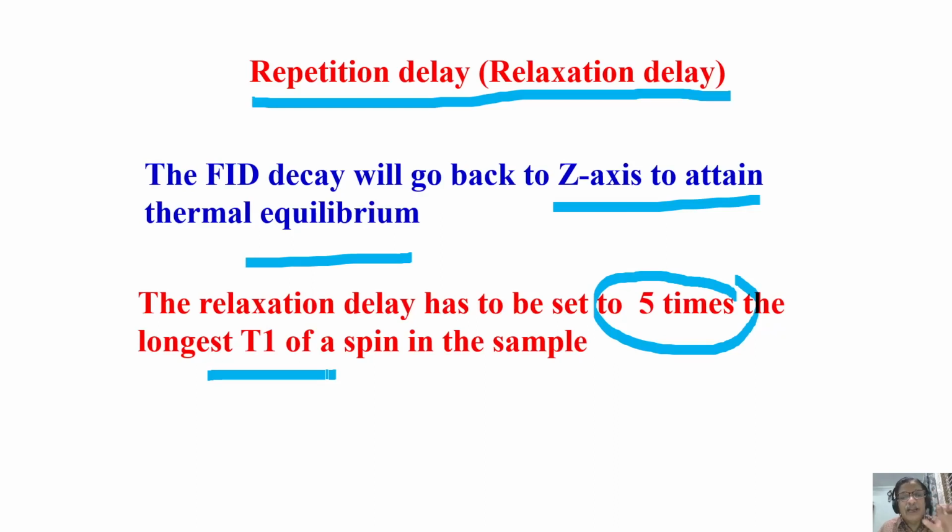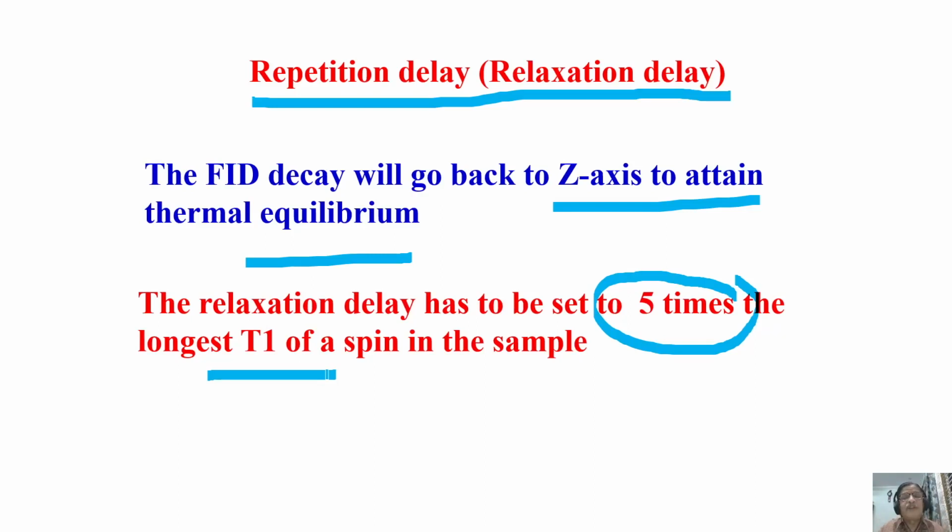When the time delay t is equal to 5 times T1, 1 minus e to the power of minus t by T1, that is the equation, right? If it has to get full 1, Mz should be equal to M0. That is the thermal equilibrium magnetization, which was there before application of the pulse. Then t should be equal to 5 times T1.